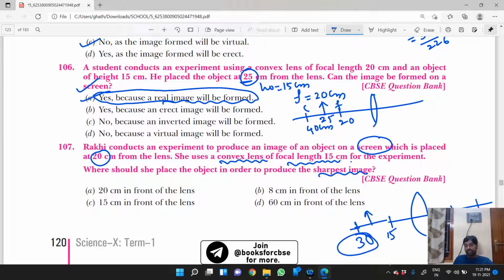After 30, only one option is there: 30 centimeters in front of the lens. This is the answer.